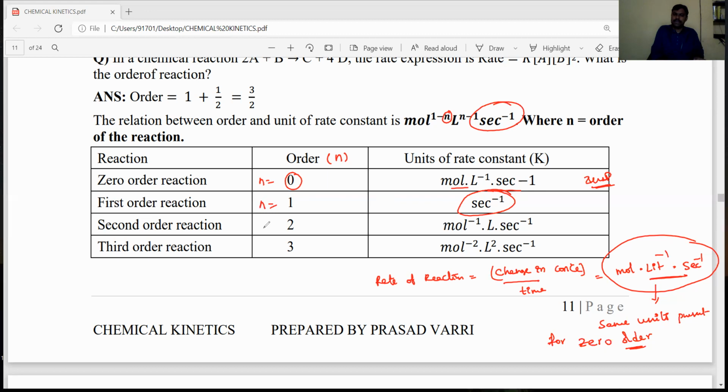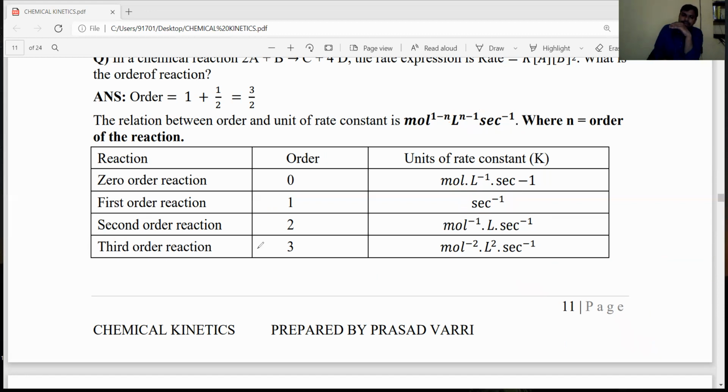For second order reaction, n equals 2, if you substitute, you will get mole inverse liter second inverse. If n equals 3, the units will become mole to the power minus 2, liter square and second inverse. Okay, dear students, n equals 3 is called a third order reaction.